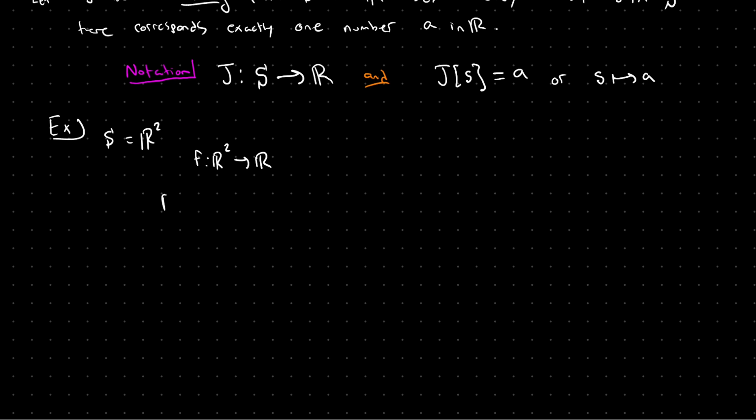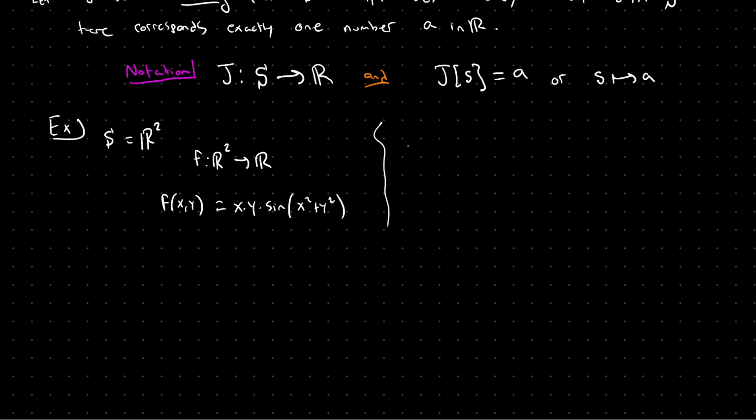For example, you could choose the function f of x, y equals x times y times sine of x squared plus y squared. This is a good example of a functional from two-dimensional Euclidean space into the real numbers. It's just a function of two variables.